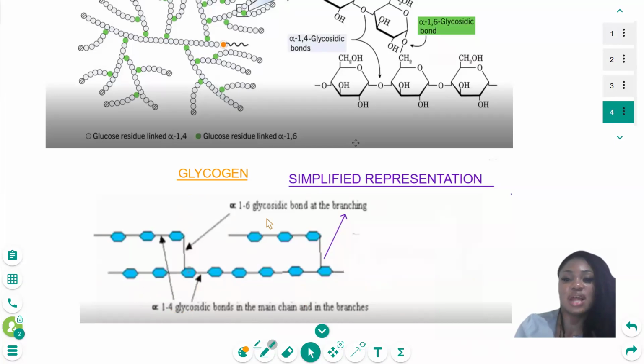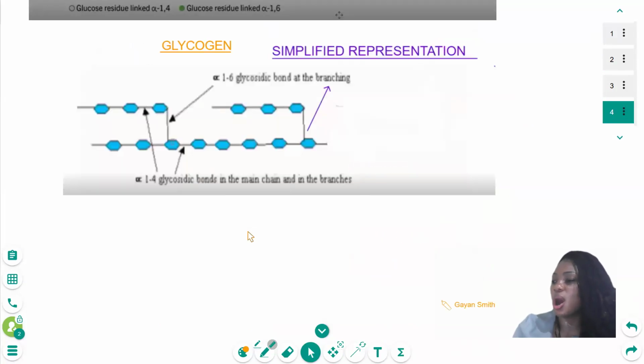And whenever we have a branch, we have alpha 1,6, just like what we saw in amylopectin. So this is a representation of glycogen. I will have you copy. And we're just going to go straight into talking about how glycogen is adapted for its function once you're finished making that sketch.